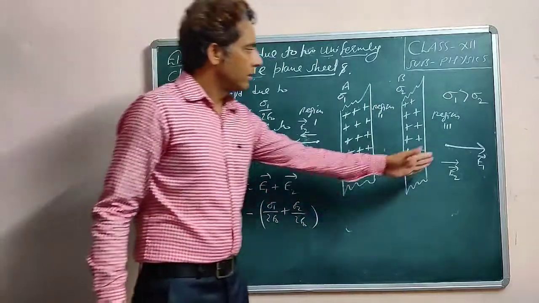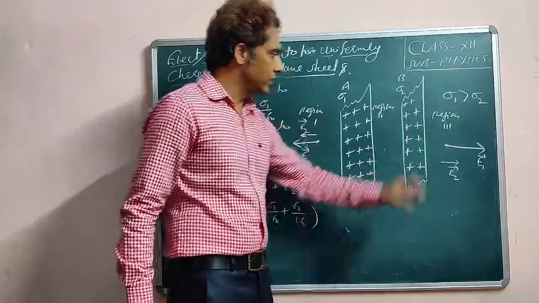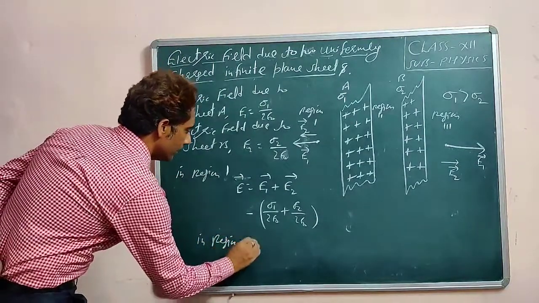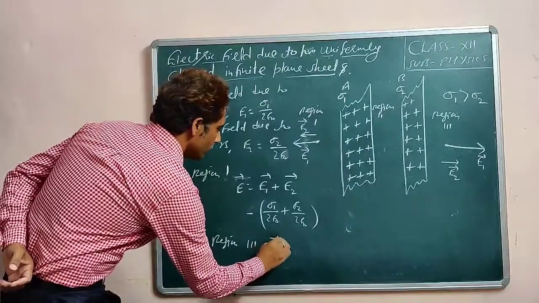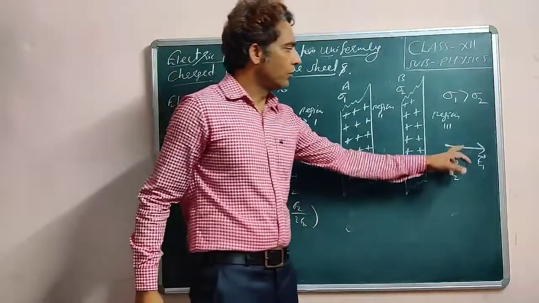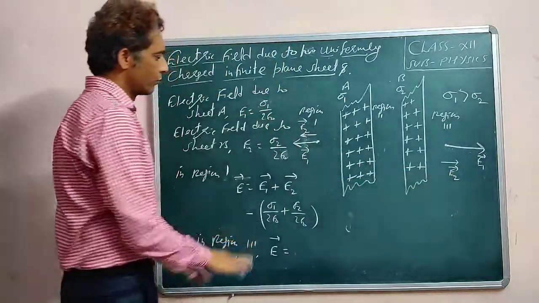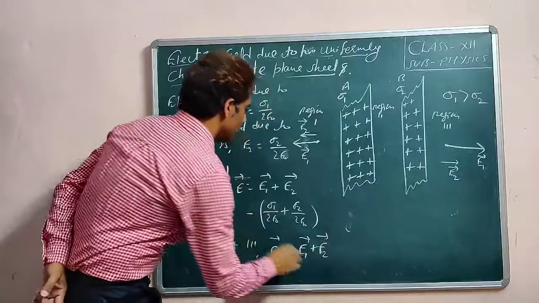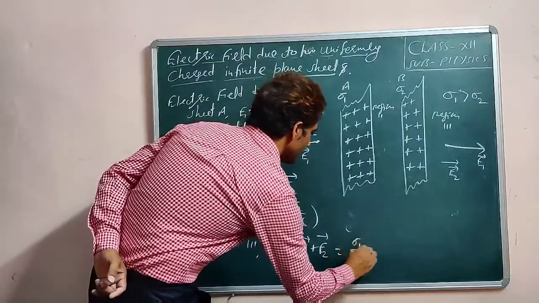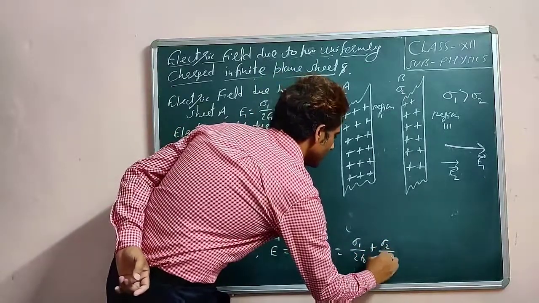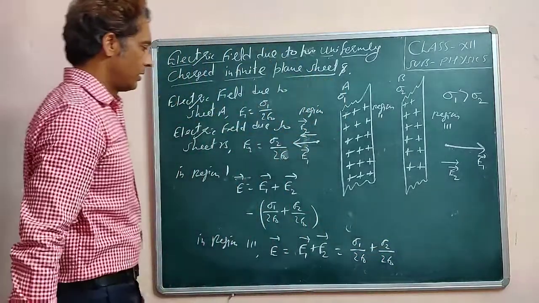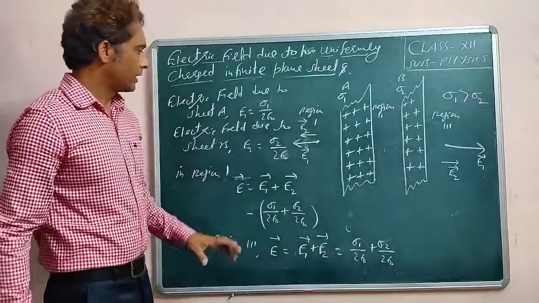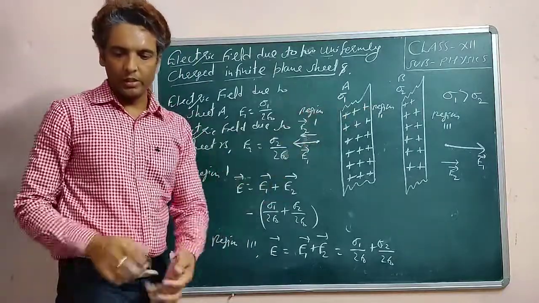So again, the net electric field in region 3, E will be equal to sum of these two electric fields. So magnitude will remain same. Only direction will be opposite to this. So this will be equal to sigma 1 by 2 epsilon naught plus sigma 2 by 2 epsilon naught.